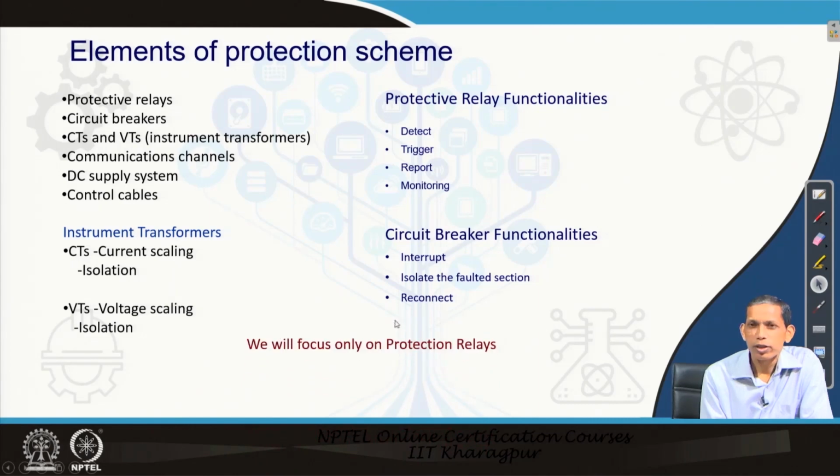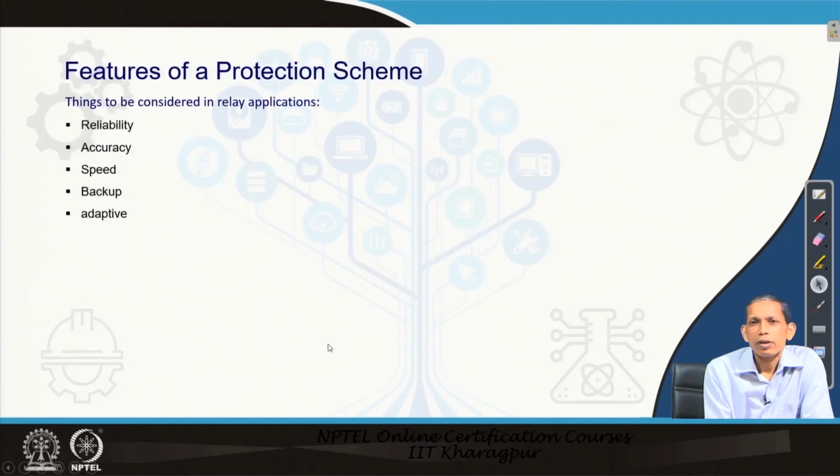However, in this course we will only confine ourselves to protective relays and their different applications. These elements combined provide a protection scheme. A protection scheme has different features which need to be looked into for reliable operation.